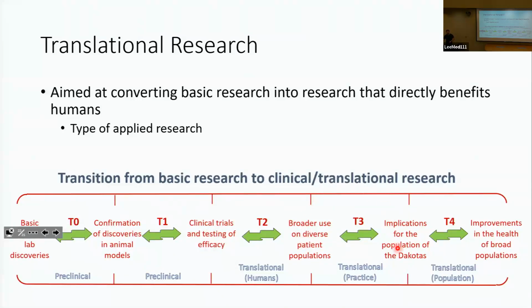And then we move on to, in this case, instead of just at a single hospital, what about across the Dakotas? How does this research apply? And then ultimately, how does it apply to the broad population? So how does it apply to everyone? So we have population translational research, practice translational research, human translational research, and then what's called preclinical, which is, again, the basic sciences. But you can see how this sort of builds.